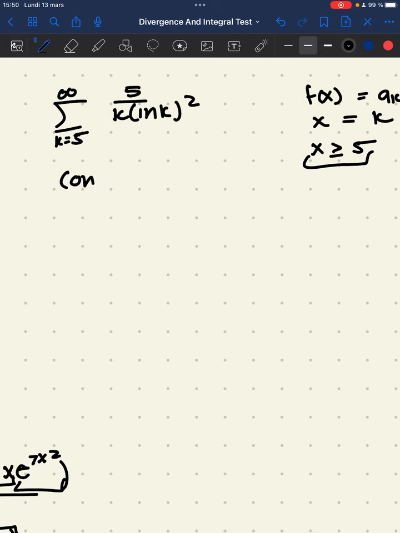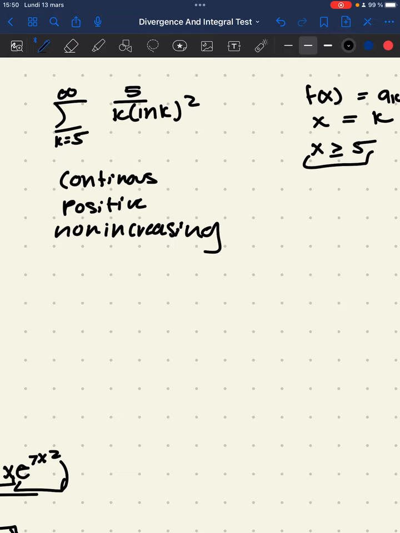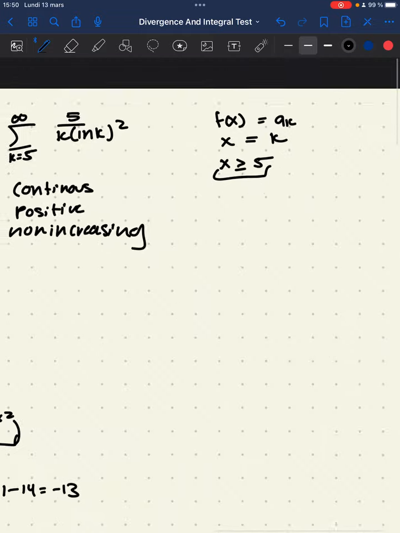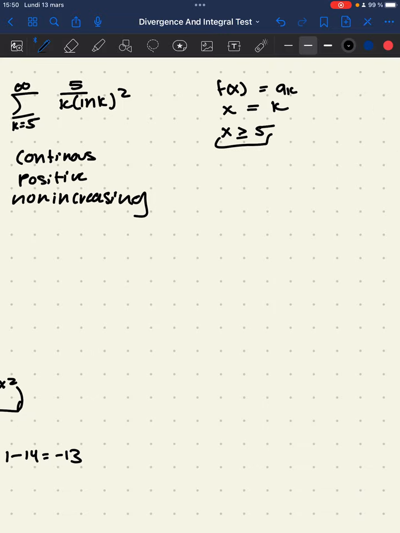Okay, step 1. Is it continuous, positive, and non-increasing? Okay, let's see. Let's just plug in the number 5. 5 over 5 times ln 5 squared.